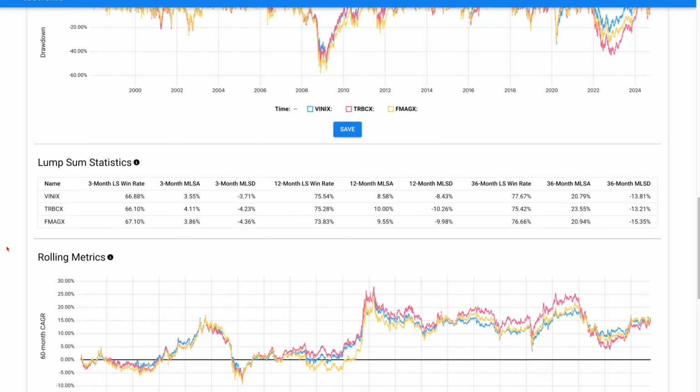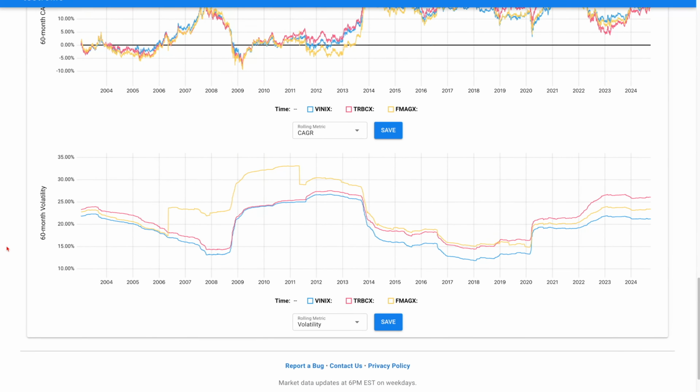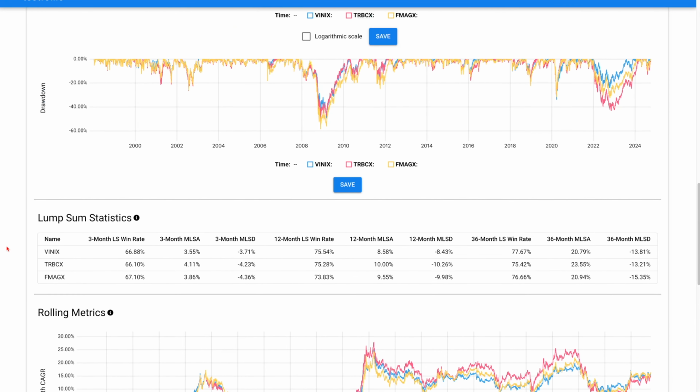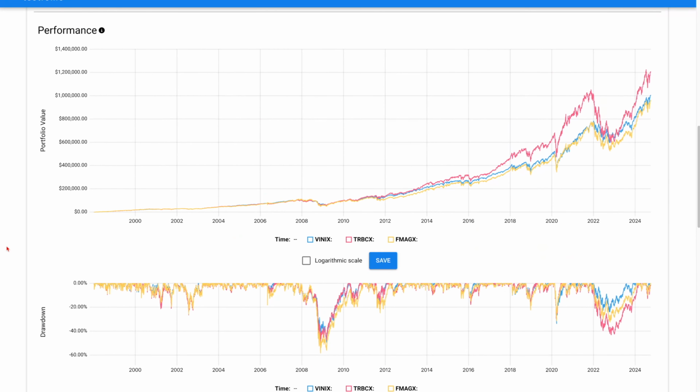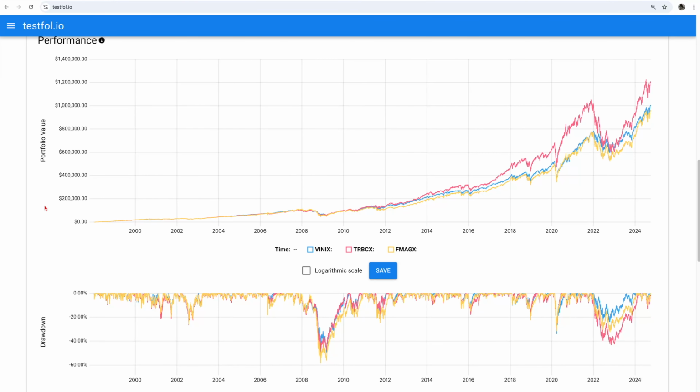And then the last three metrics, it's something that you really don't need to know about. Really, this is it right here. This gives you a nice summary of how the funds perform, their performance, and their risk profile.